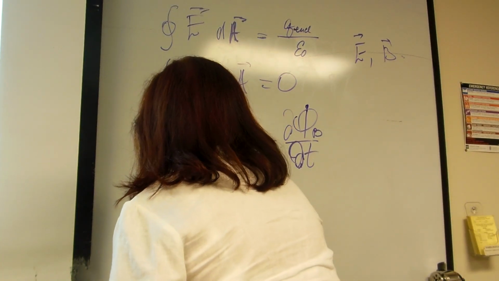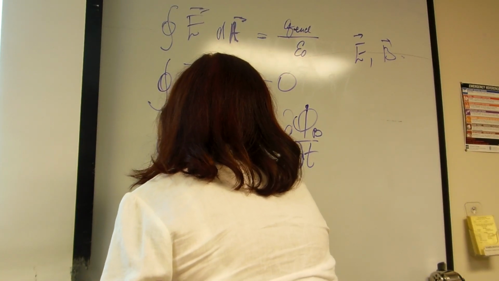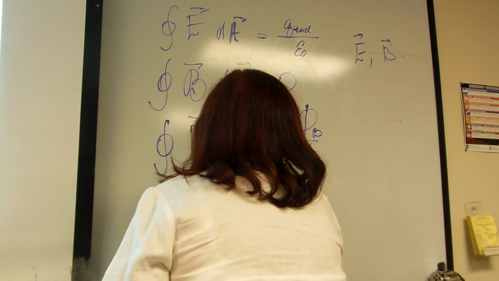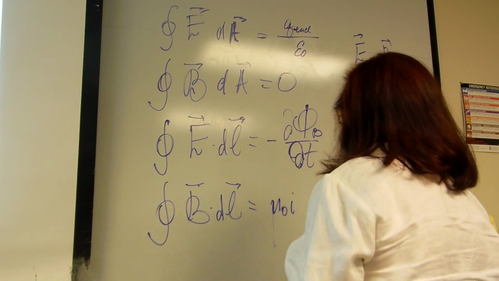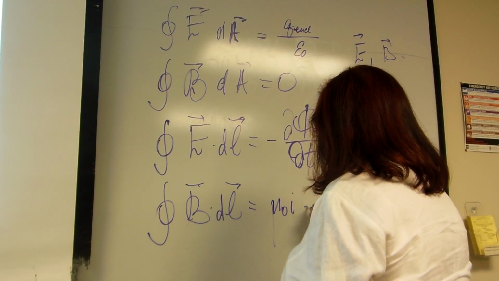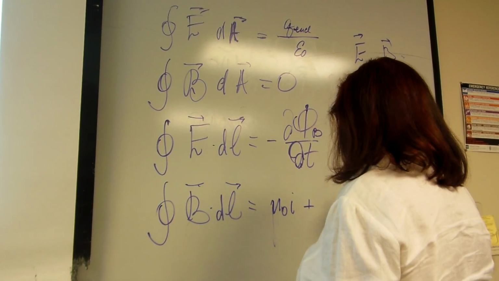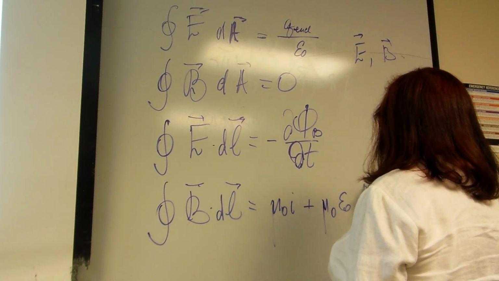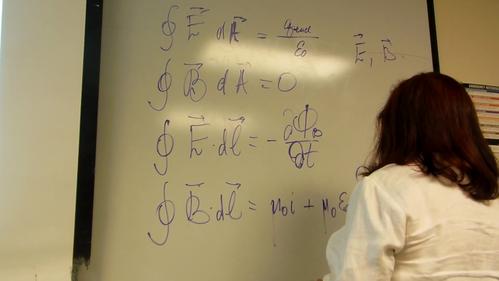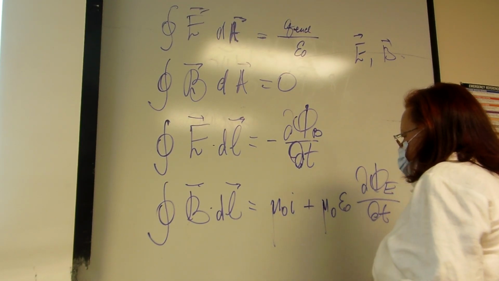And the generalized Ampere law: the circulation of B dl equals mu 0 I plus mu 0 epsilon 0 times d of the flux of E over dt.